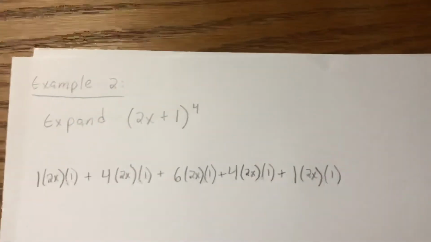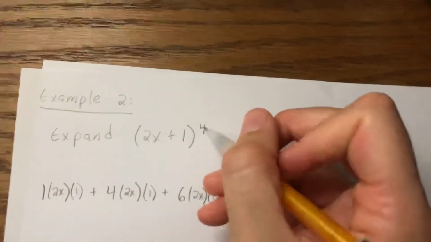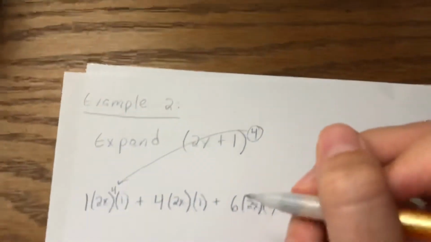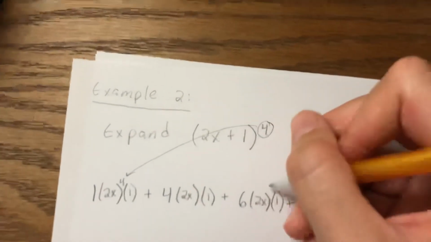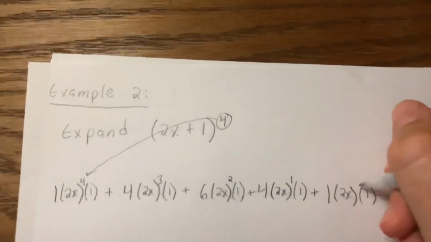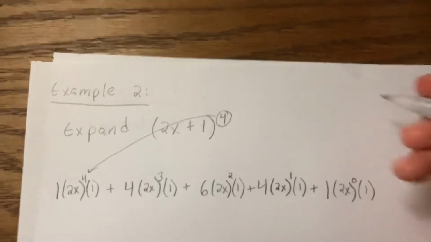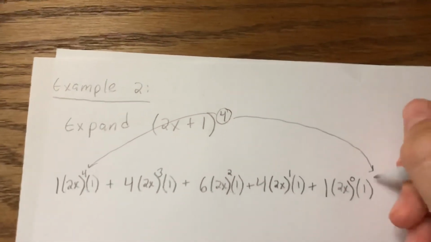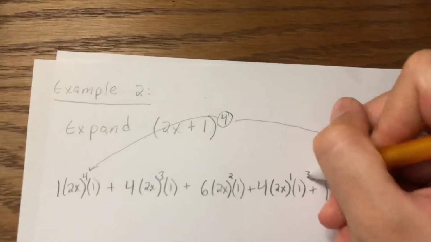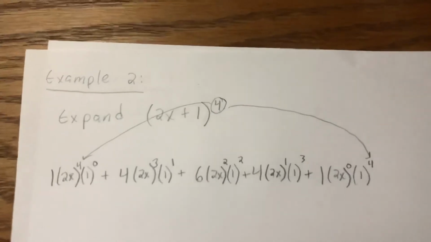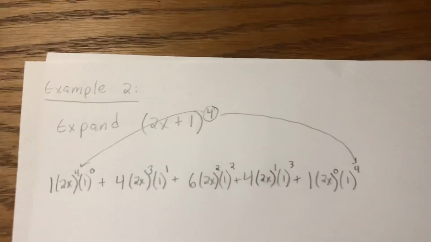And now I just need some exponents. Remember, we're going to start with a 4 in this case. I'll start with a 4 and then go down from there. So 4, 3, 2, 1, 0. I'm also going to start with a 4 down on this end for the second term. So 4, 3, 2, 1, 0. And that's the expanded version. Just need to simplify.